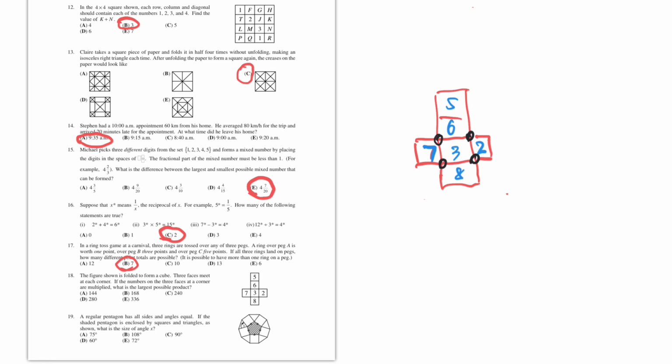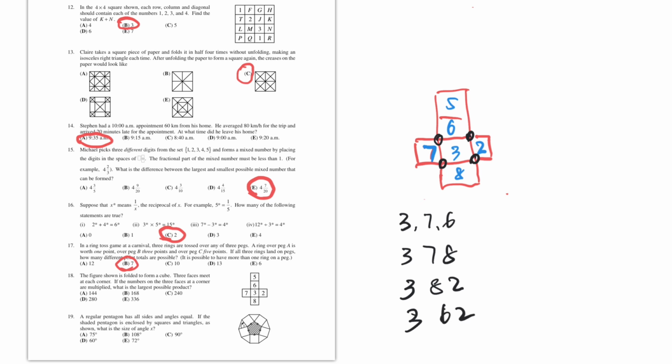But I write down 3, 7, 6, and 3, 7, 8, and 3, 8, 2, and 3, 6, 2.